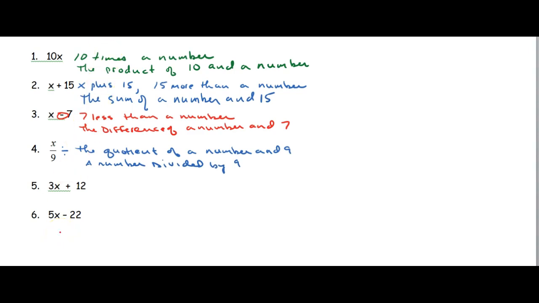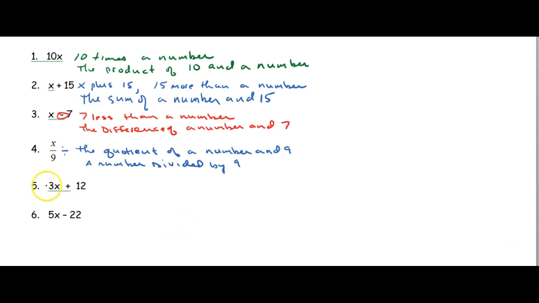Alright? Now here, you have to be a little more clever with these. We have 3 times the number x plus 12. So you could write that, 3 times the number x plus 12. But we know in order of operations that the multiplication has to come first.